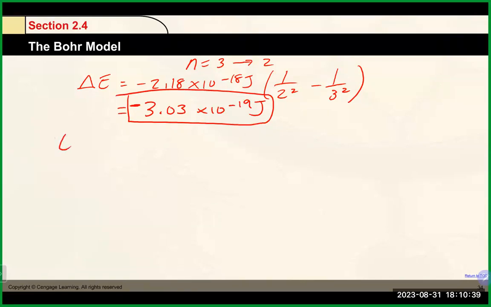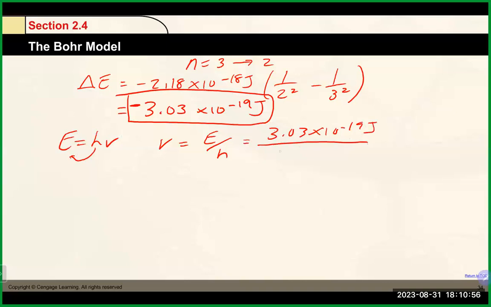I'm going to go with E is equal to h times the frequency here to solve for the frequency. So the frequency will be E divided by h as I bring this to the other side and divide. That gives me 3.03 times 10 to the minus 19, getting rid of the negative sign, divided by our 6.63 times 10 to the minus 34 joules times seconds.